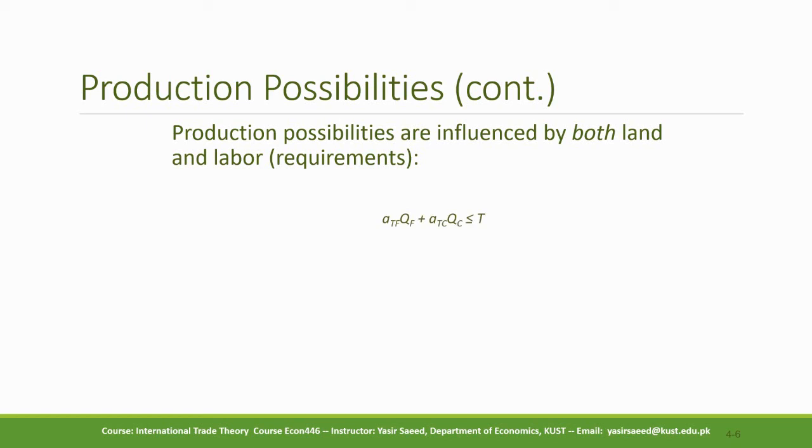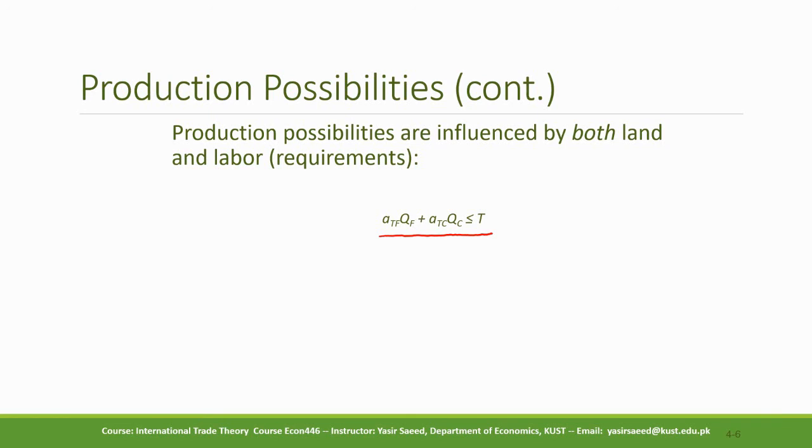So the basic equation for the total allocation of land resources is given as aTF times QF plus aTC times QC, which should equal T, and it will be less than T in case we are not utilizing the entire land for the production of these two goods.